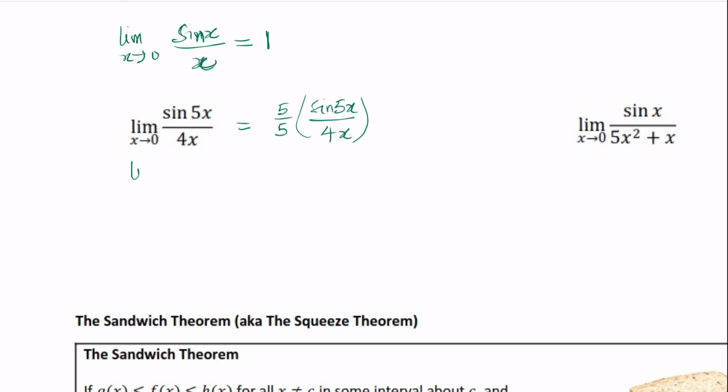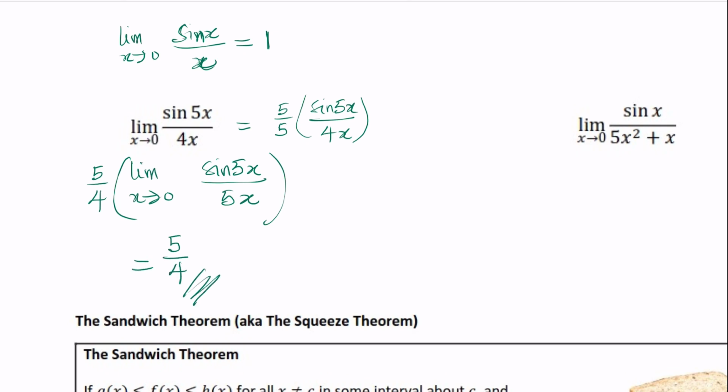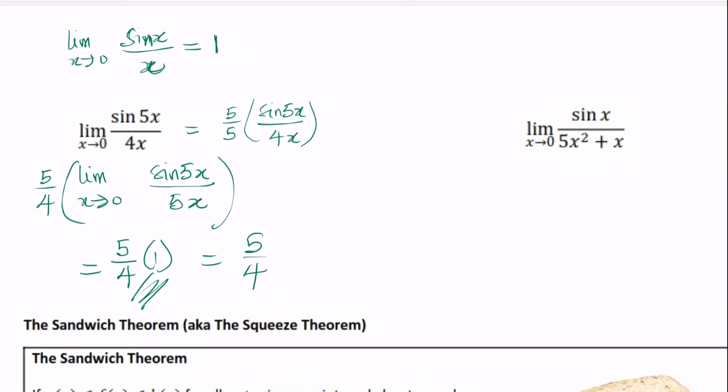And this will change to the limit as x approaches 0. We factor out the 4. So we'll have 5 over 4 outside. This will give us sine 5x over 5x. So clearly we know this will be 5 over 4 times 1, which is 5 over 4. So this is how to use the special trigonometric limits to evaluate this kind.